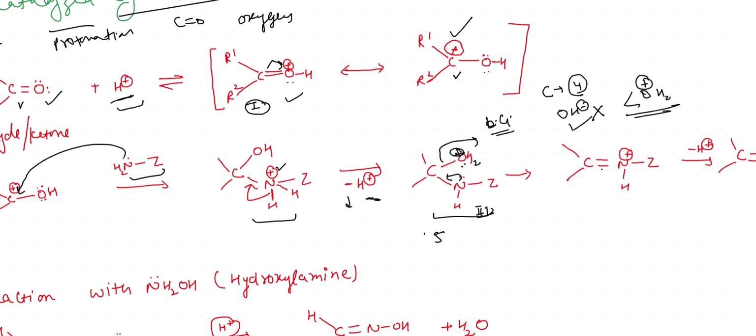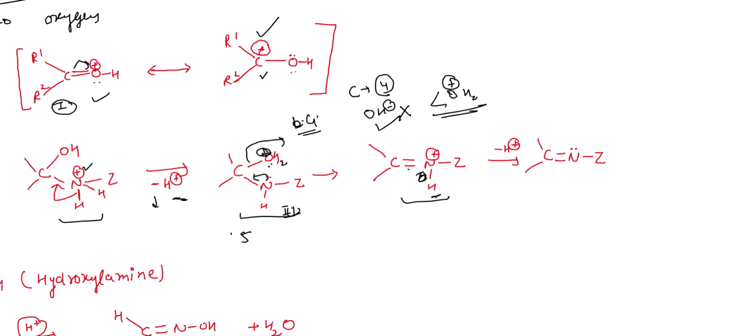So here the double bond is formed, and at this intermediate, nitrogen has a positive charge. To neutralize this positive charge, again there will be deprotonation from nitrogen. Clear? Then after neutralizing this charge, your final product will look like this.